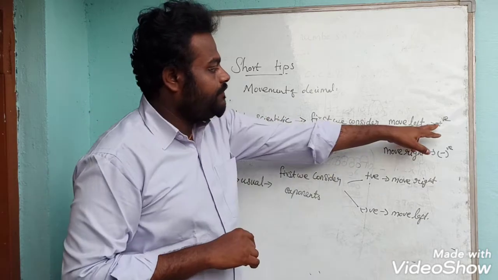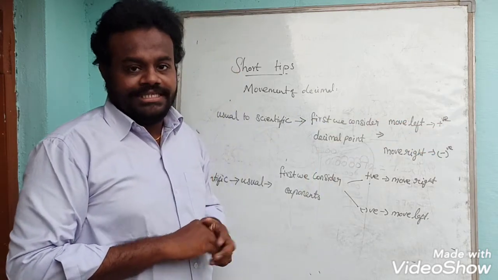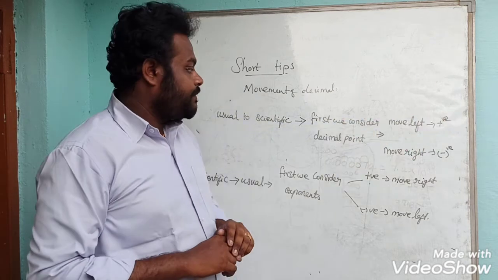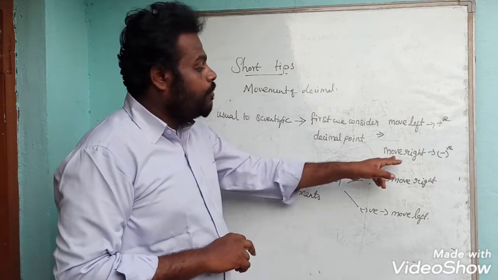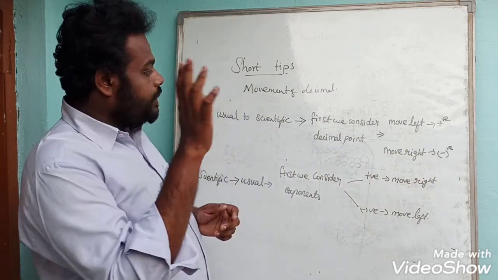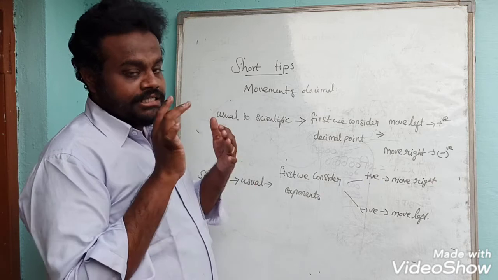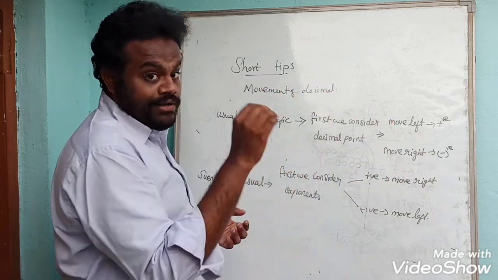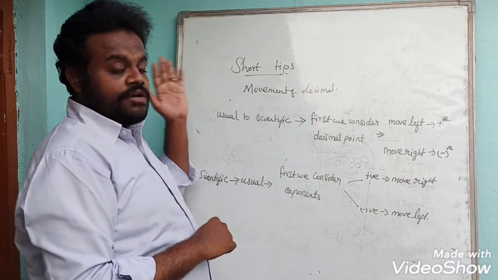Then see whether it moves left or right. If the decimal point moves left, we have a positive exponent on the base 10. So move left, positive exponents. If the decimal point moves right, we take negative exponents. Clearly, first see where the decimal point is. If it moves right-hand side, you take a negative exponent, and if it moves left-hand side, you take a positive exponent.